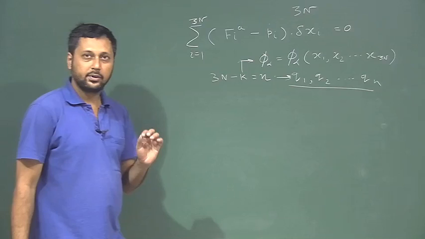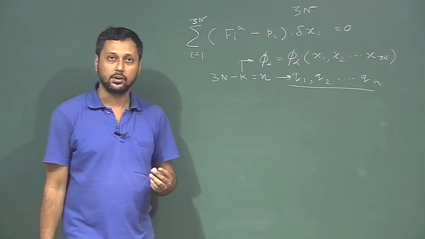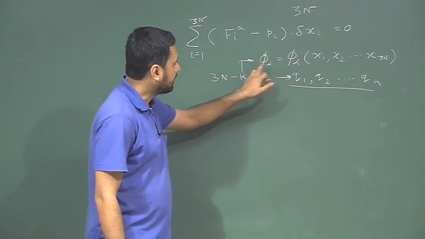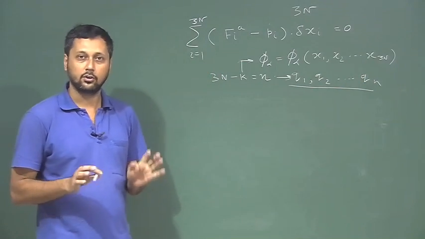For any holonomic constraint, could it be rheonomic or scleronomic, it does not matter. The constraint conditions can be written in the form of an equation. That is the definition of a holonomic constraint.